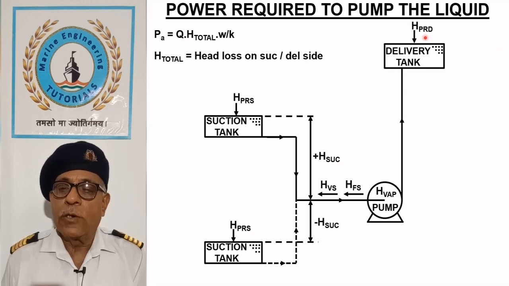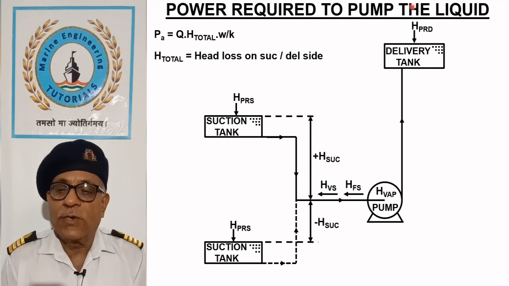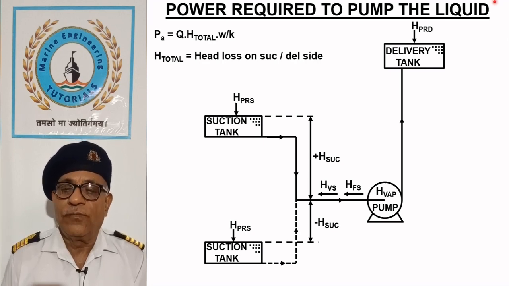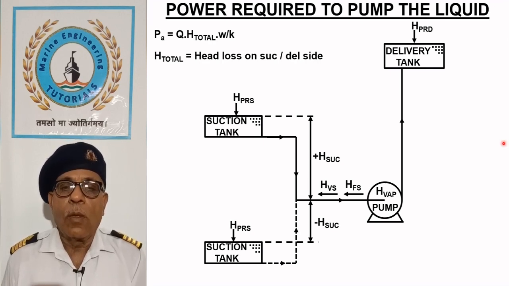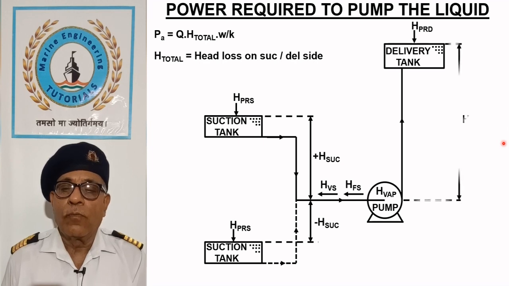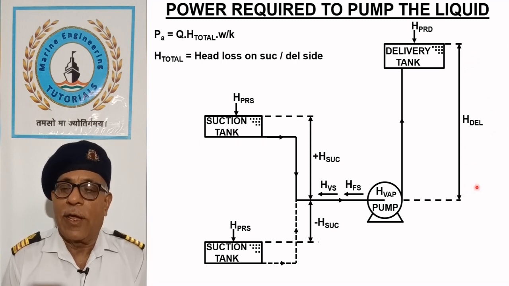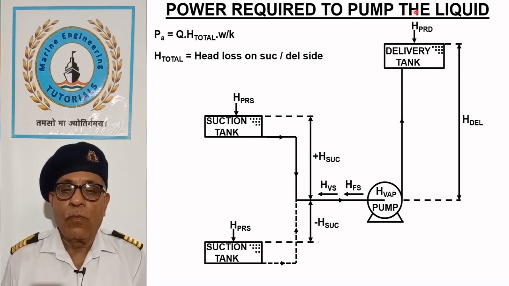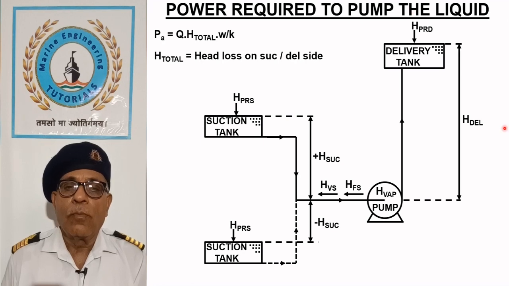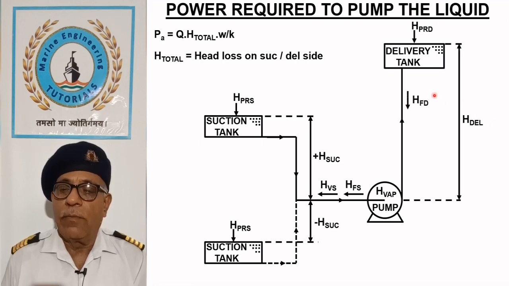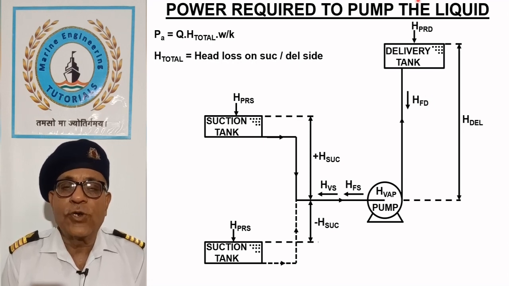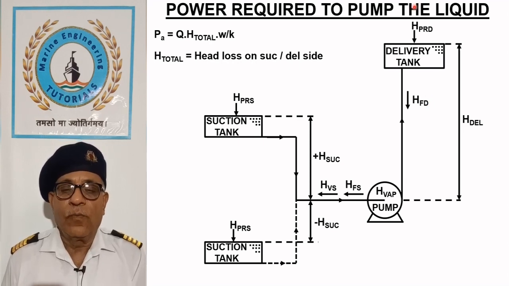HPRD is the pressure head acting on the liquid surface at the discharge. H delivery is the vertical distance of liquid surface from pump. HFD is the loss of head on delivery due to frictional resistance.